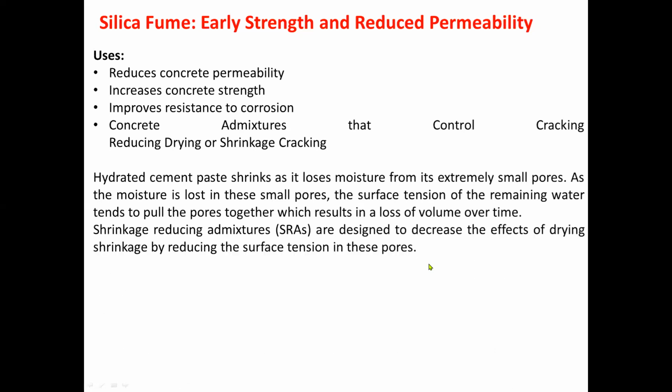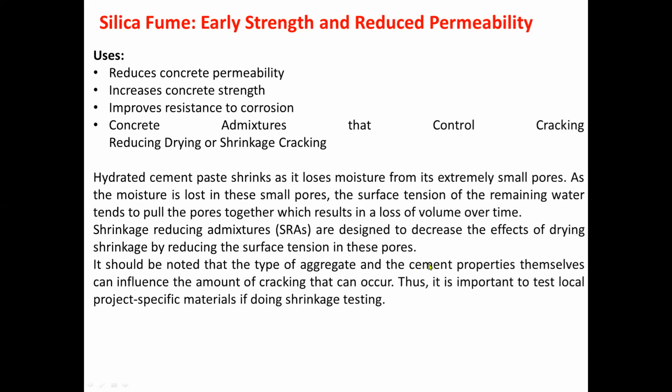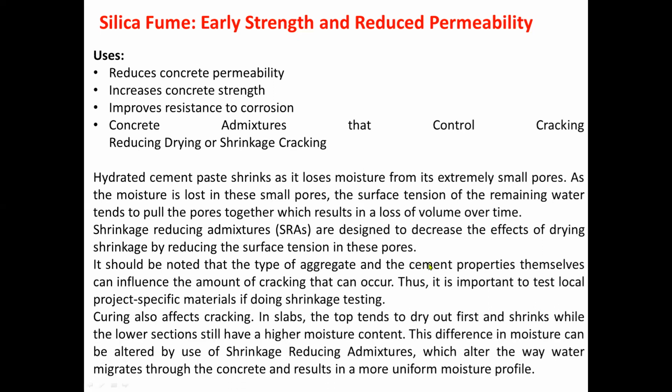SRAs are designed to decrease the effects of drying shrinkage by reducing the surface tension in these pores. It should be noted that the type of aggregate and the cement properties themselves can influence the amount of cracking that can occur. Thus, it is important to test local project-specific materials if doing shrinkage testing.